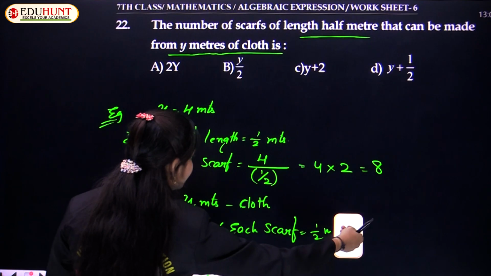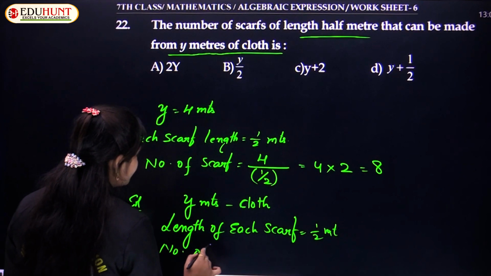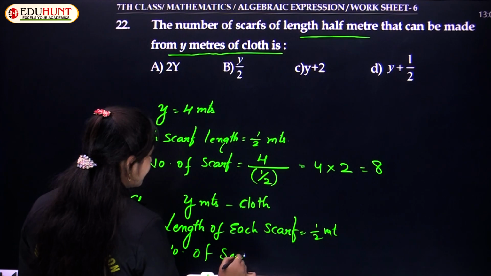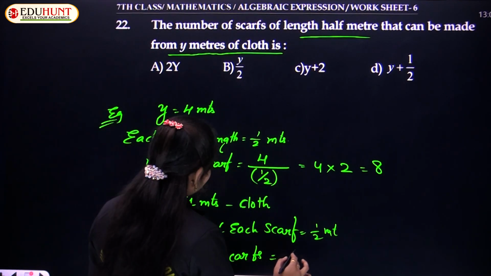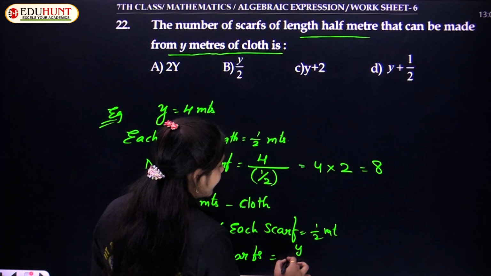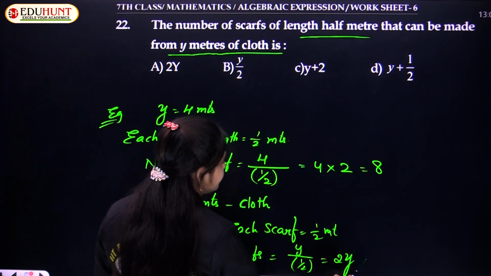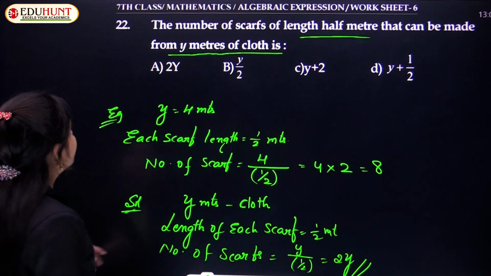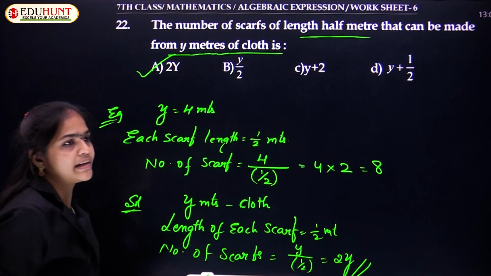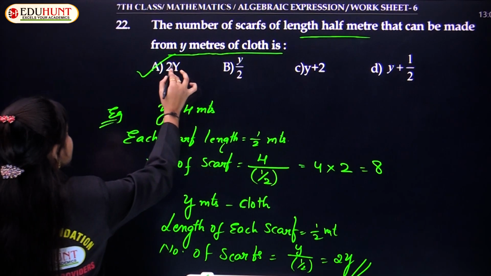The number of scarves we can make is y divided by half, which is equal to 2y. Understand? The answer here is 2y. Option A is correct, 2 into y. Actually, this is small y.